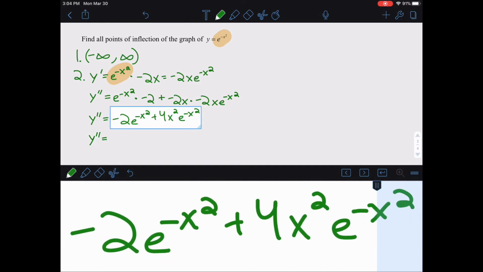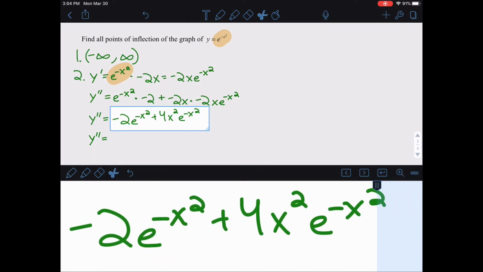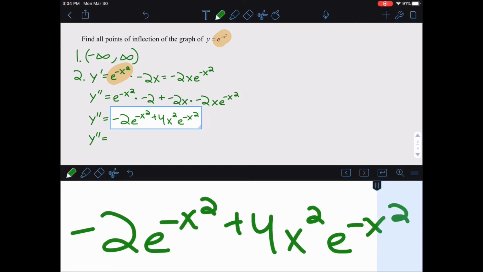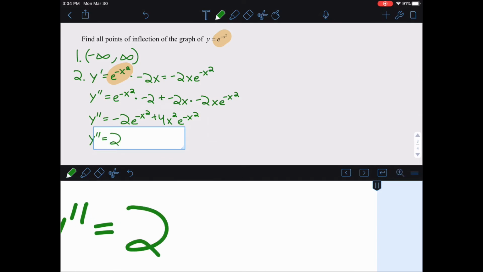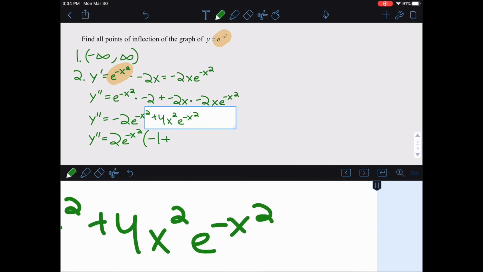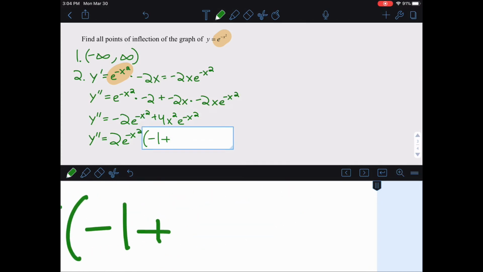So each of these terms has an e to the negative x squared that I can take out. I'm also going to divide by a 2. So I'm going to take out a 2e to the negative x squared from each of those terms. And so that is going to leave me with a negative 1 plus, and now I'm going to have 2x squared left here.